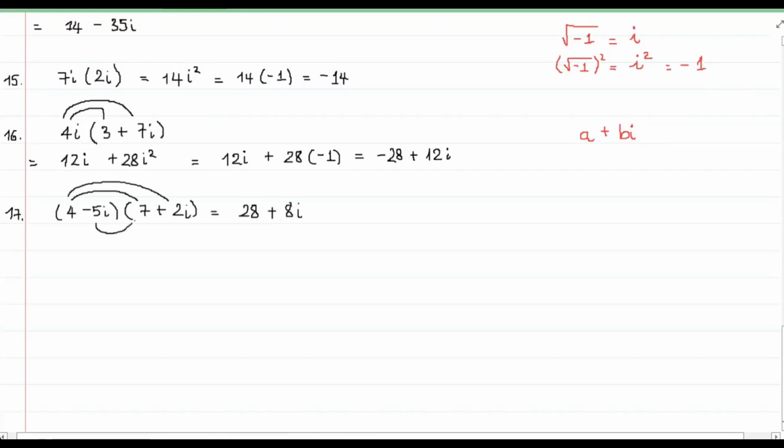Negative 5i times 7, negative 35i. Negative 5i times 2i is negative 10i squared.